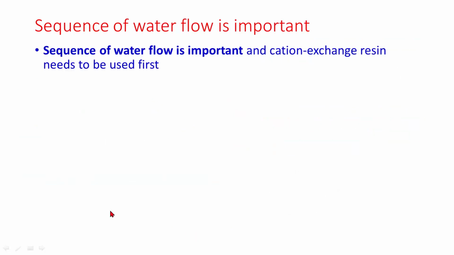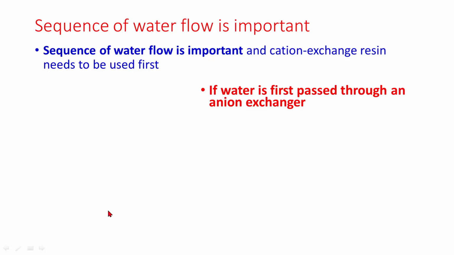The sequence of water flow is important, and the cation exchange resin needs to be used first. If water is first passed through an anion exchanger, let us see calcium chloride and magnesium chloride present in water. They will give calcium and magnesium ions and chloride ions.